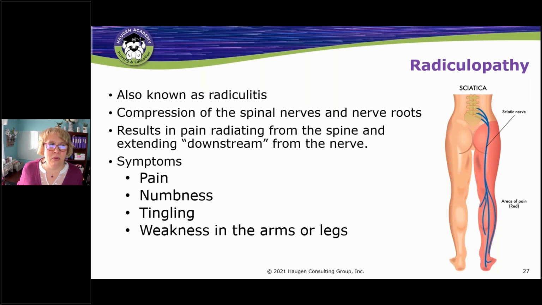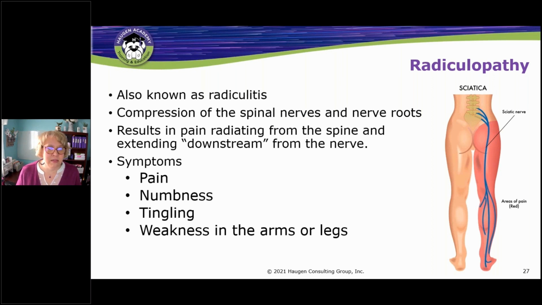A big example of this is sciatica, something that we hear about often. Maybe it's something that you have experienced yourself, and it's very painful. So it's usually one-sided because it's compressing the nerve root on one side, and then it goes all the way down the leg.